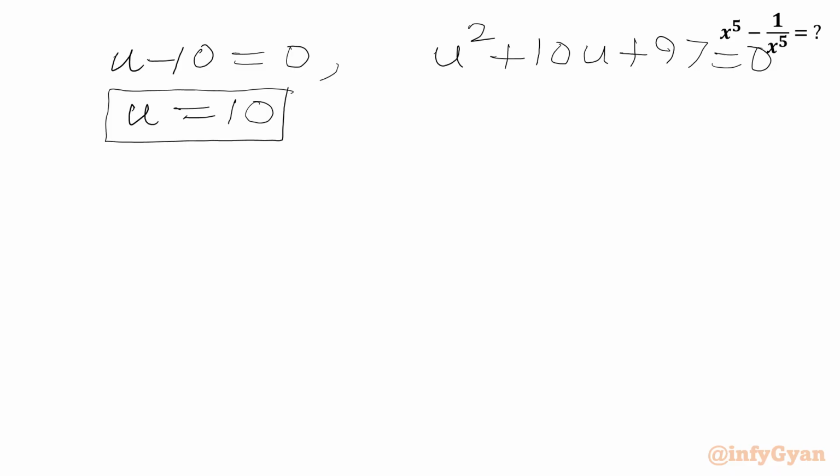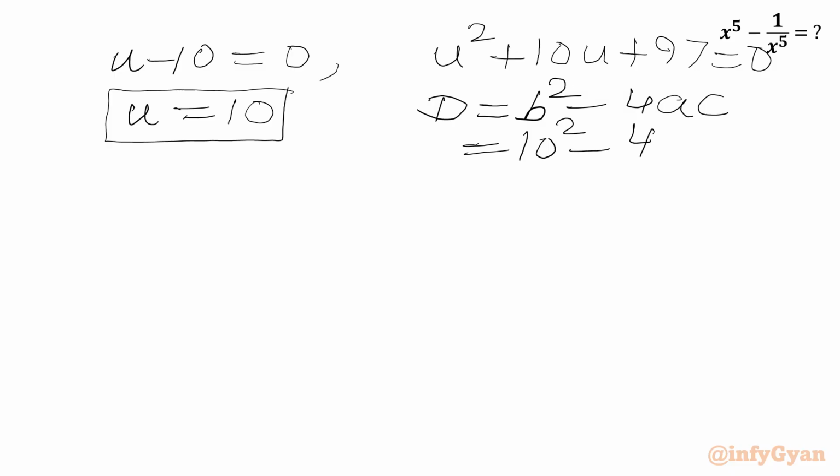Now we have to check here the discriminant value for the quadratic expression u square plus 10u plus 97. So as per the formula, b square minus 4ac, b is 10. So we will write 10 square minus 4 times 1 times 97.